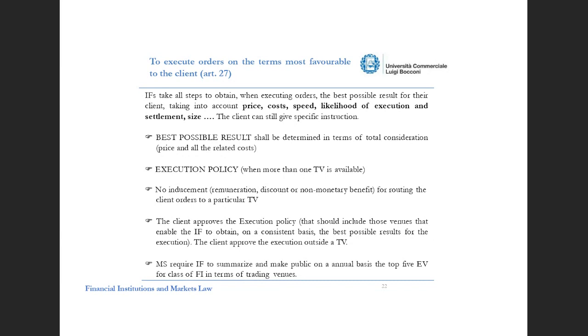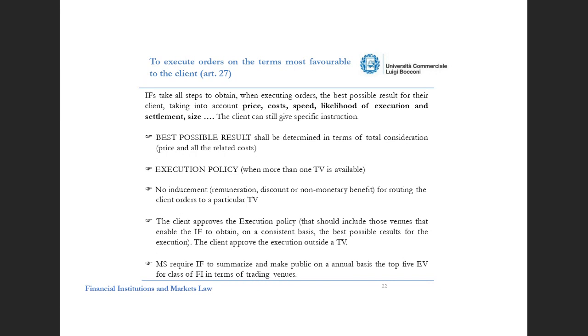And this is quite interesting because in the world of MiFID, we have, as we will see later on, different trading venues, different places where the transaction can be executed. You have regulated markets, you have MTFs, you have systematic internalizers, and you have over-the-counter as well, which may be a place where you find sufficient liquidity and good prices as well.